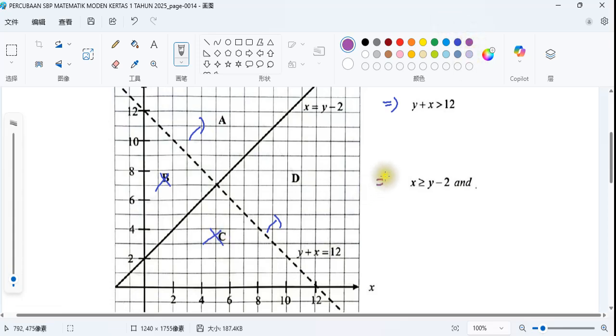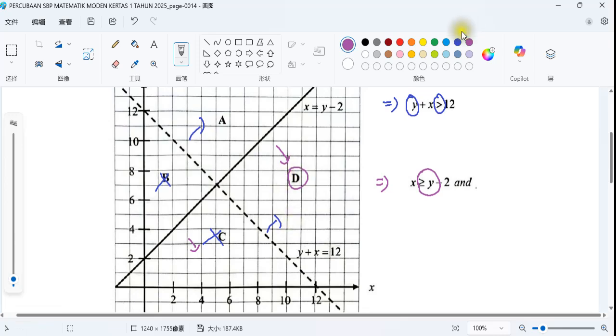And then for this one, we look at the y part. We look at y less than or equal to. So what we do is we look at the y. So y less than or equal to this, so it will be this one.